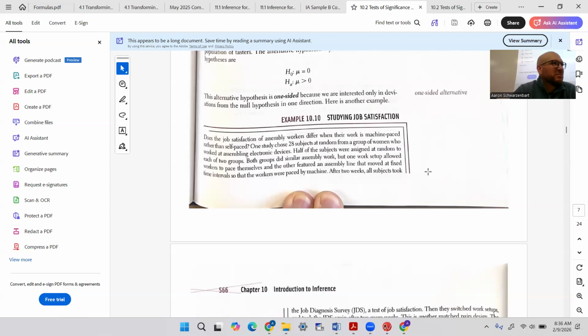So machine-paced would be, this is coming to you this fast, you better get it together before the next one gets here. Self-paced would be they just give you the parts, you put them together. So you get to do it at your own pace, but machine-paced would be, well, you got it done, but the next one's not here yet.